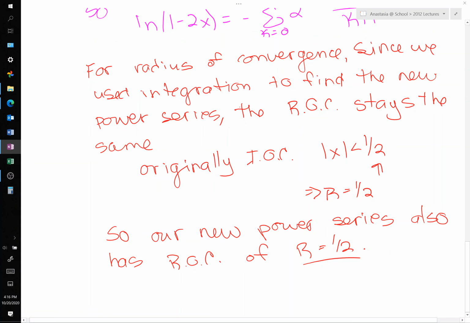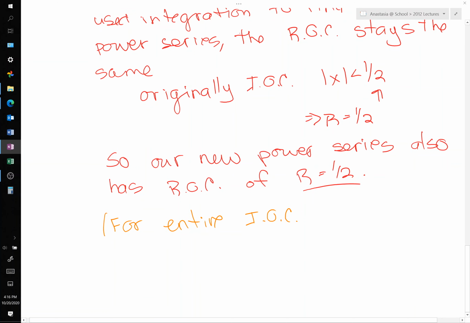Notice if we were asked to find the entire interval of convergence, we could find most of our interval by looking at our center, which in this case is equal to 0, and we would add the radius and subtract the radius, which would mean that the interval of convergence would contain 0 plus 1/2 and 0 minus 1/2.